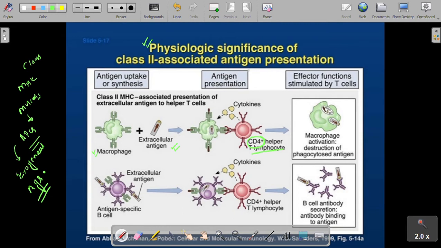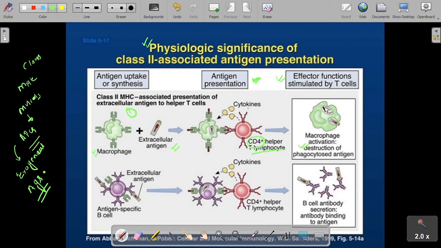After the antigen presentation, the effector function is stimulated by the T cell, that is macrophage activation and destruction of the phagocytosed antigen. The first step is that macrophages process the extracellular antigen, that is exogenous antigen, and after that it combines with the Th helper cell with the help of the CD4 plus receptor.